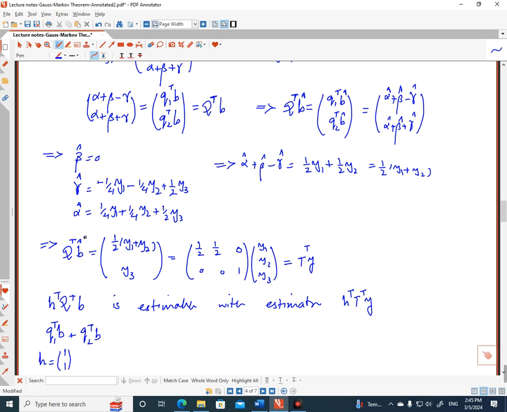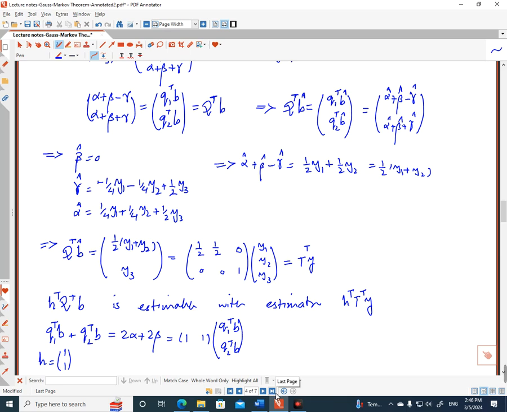Then H prime Q prime B is given by Q1 transpose B plus Q2 transpose B. So it is indeed 2 alpha plus 2 beta, which we can write as 1 1 times Q1 prime B, Q2 prime B.